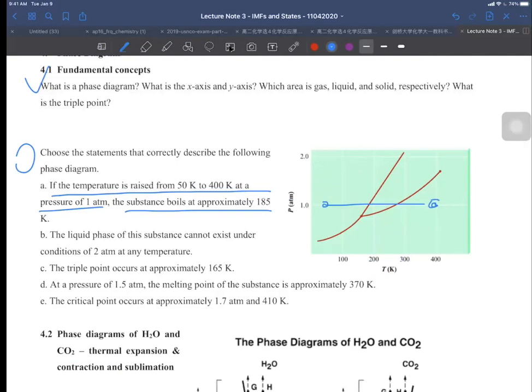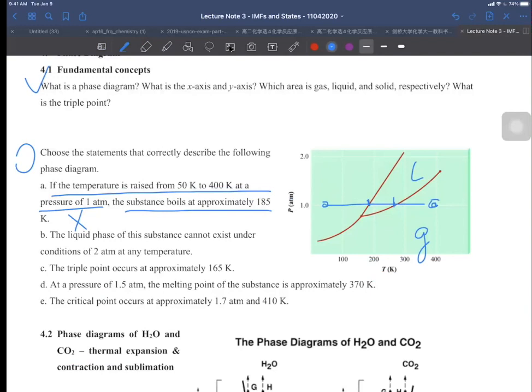Boil means liquid to gas. This is liquid, this is gas. So we need to find this point, right? Rather than this point. So it's wrong, right? Next: the liquid phase of this substance cannot exist under conditions of 2 atm at any temperature.